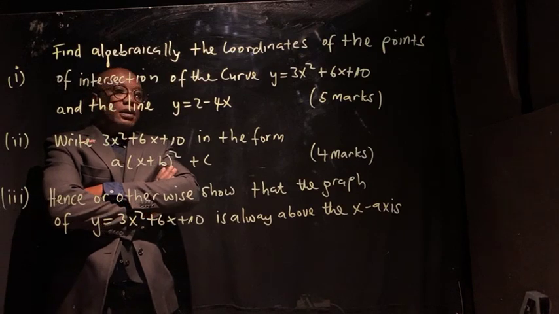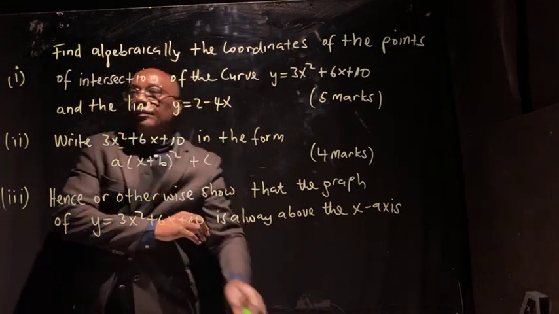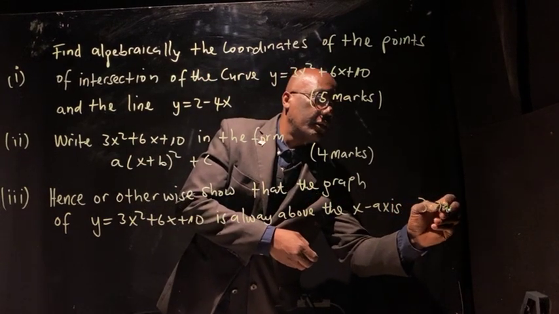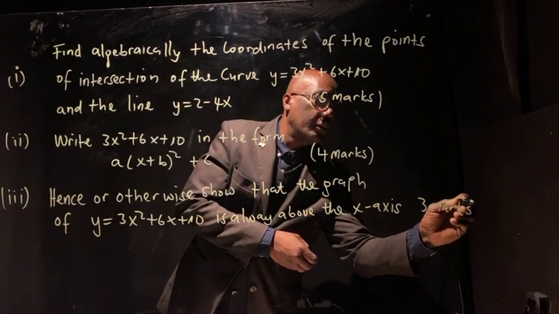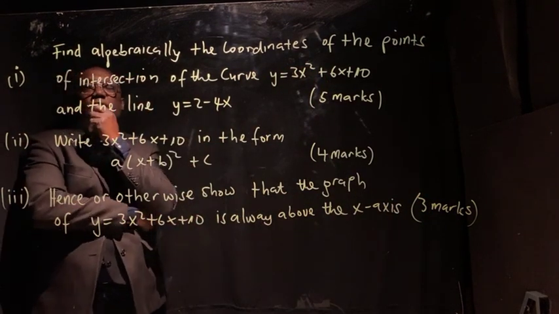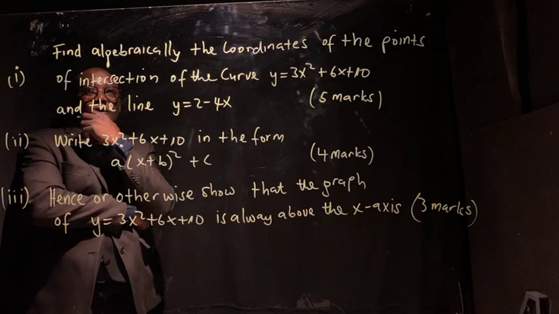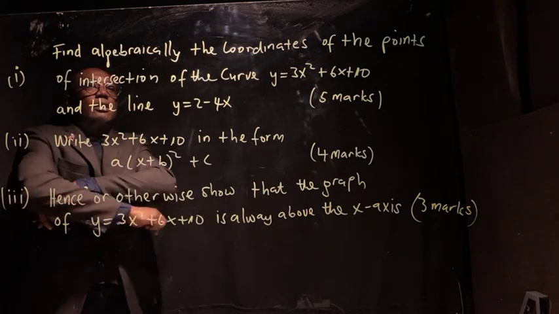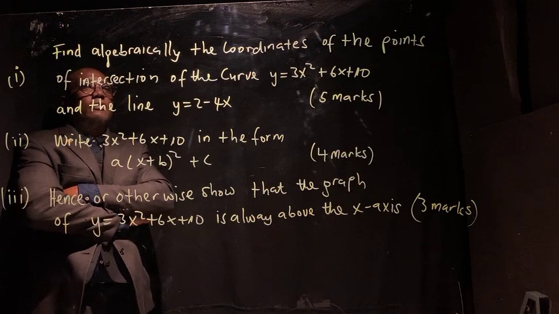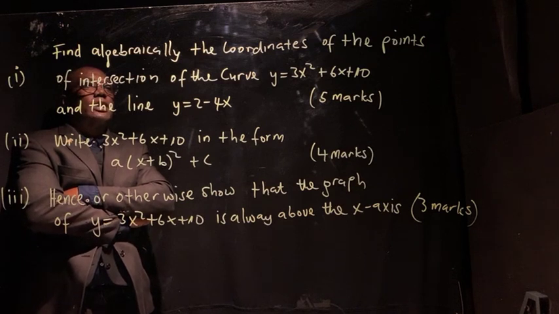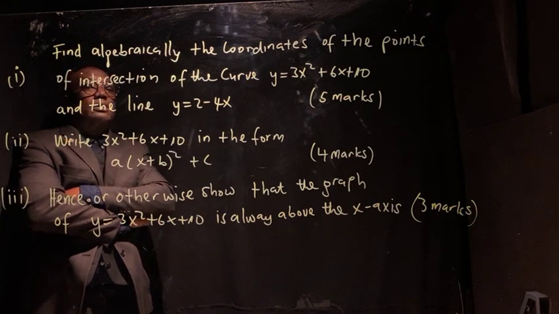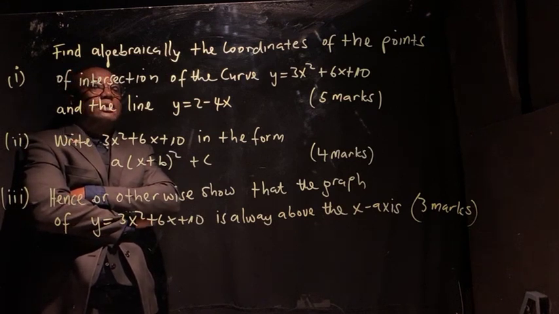This is a past question. The first part says: find algebraically the coordinates of the points of intersection of the curve y equals 3x squared plus 6x plus 10 and the line y equals 2 minus 4x.